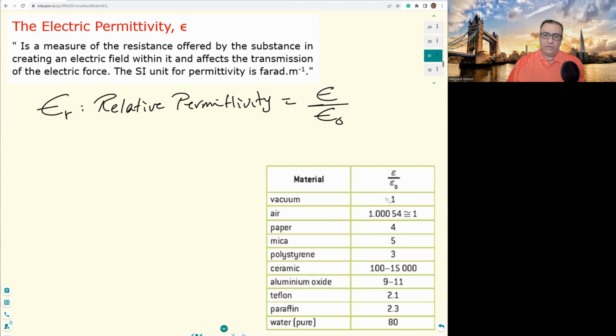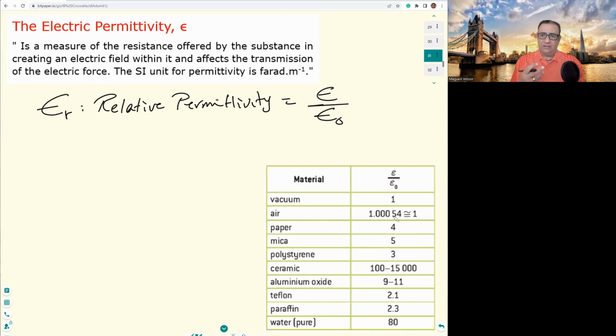Okay, so as you see here from the table, for vacuum, of course, it is 1, but for air it is very close to 1, like 1.00054, due to the slight difference of the speed of light in air versus vacuum.